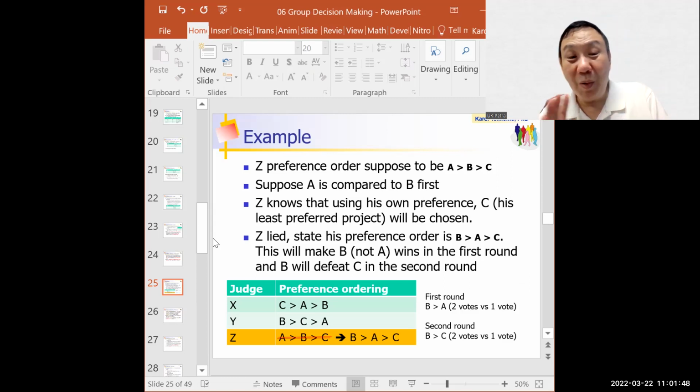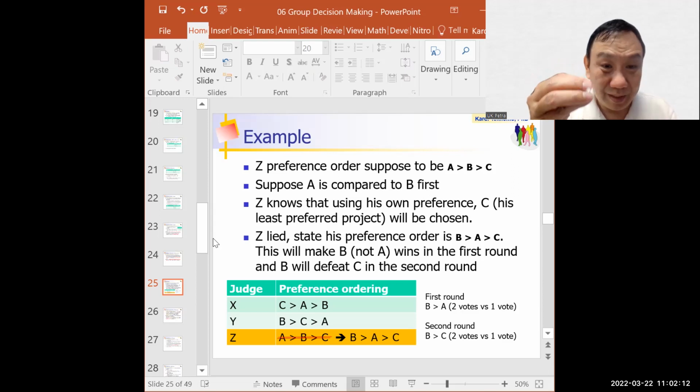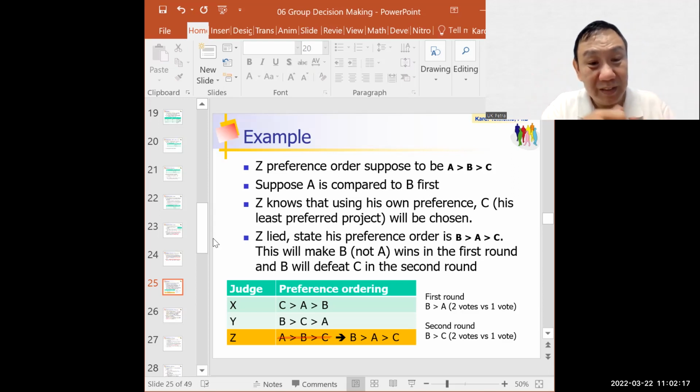He says, no, what I want is actually B larger than A larger than C, so that what he wants will win. This will make B win instead of C, not A. In the first round B will win, and then B will defeat C in the second round.